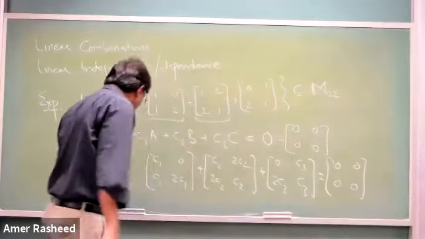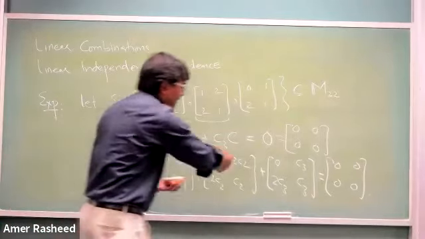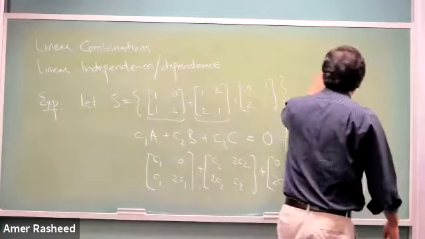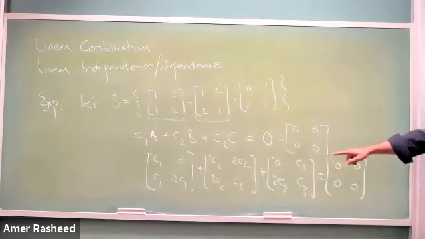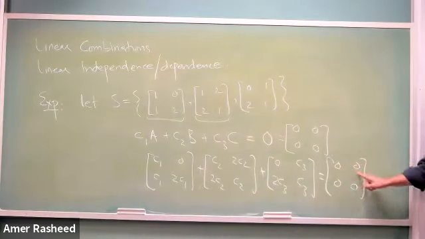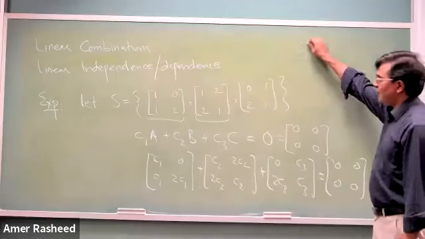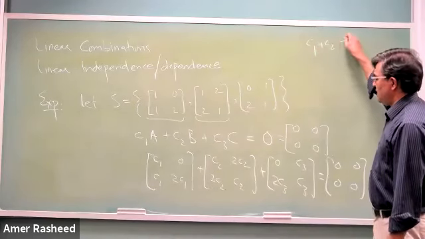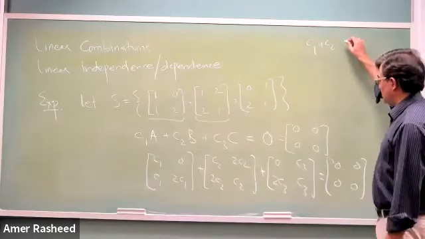Now, what do you get after adding these matrices on the left hand side and equating to the right hand side 0, 0, 0, 0? The first component: C1 plus C2 equal to 0.